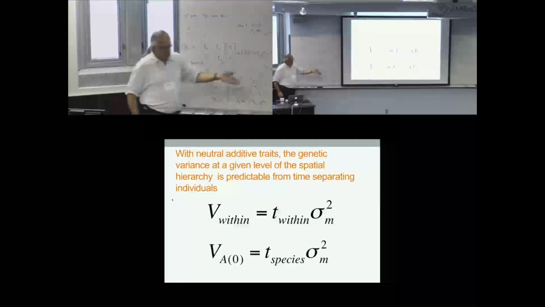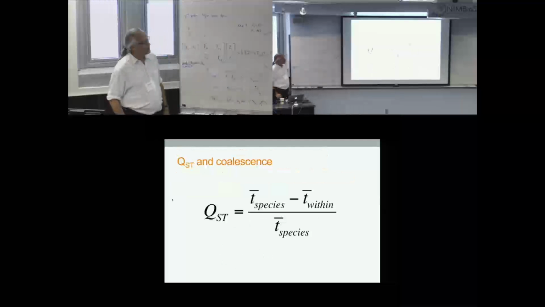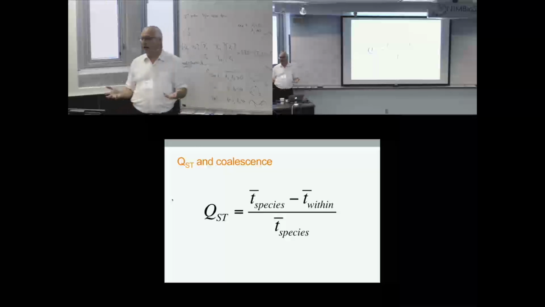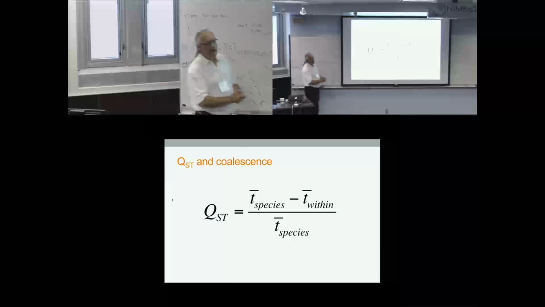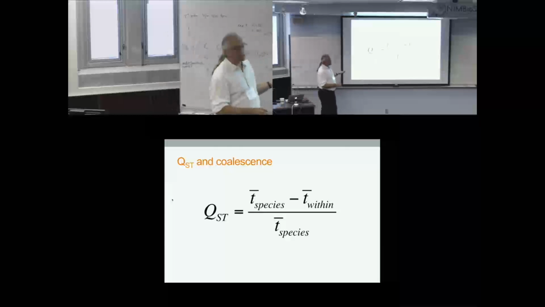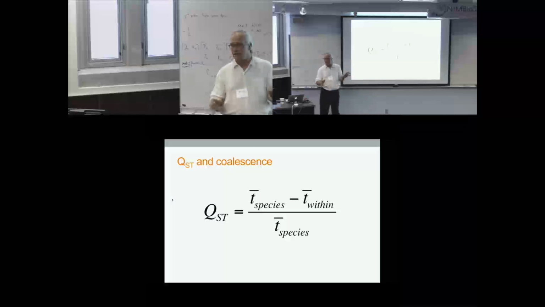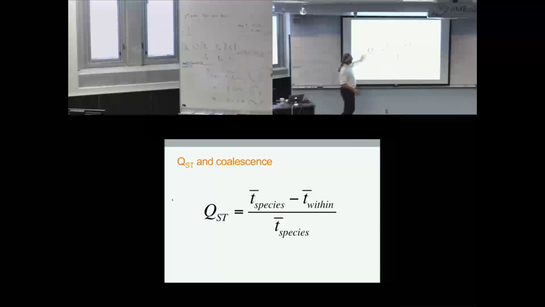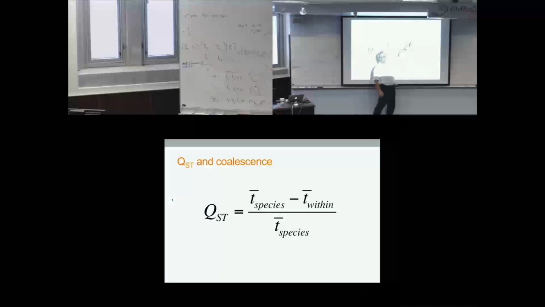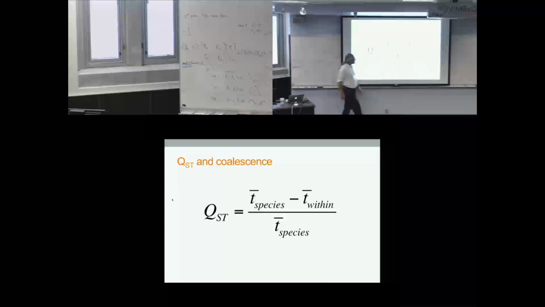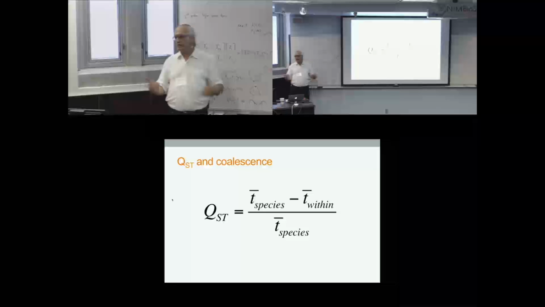Okay, so we can put these back into the QST, and you recreate this equation here, which should look familiar. It's a function of the average coalescence times at the species level and the within level. That's the same equation that we have from Slatkin for FST.